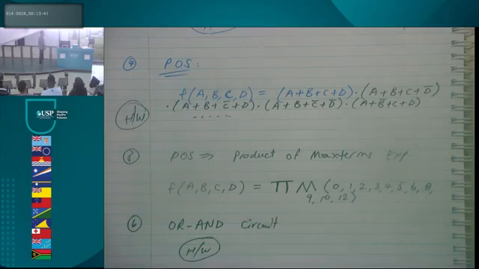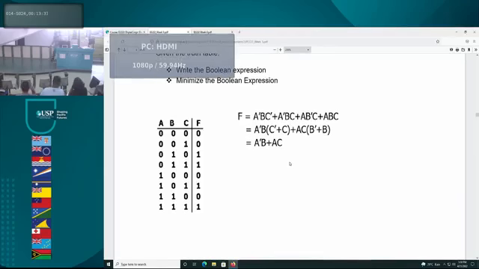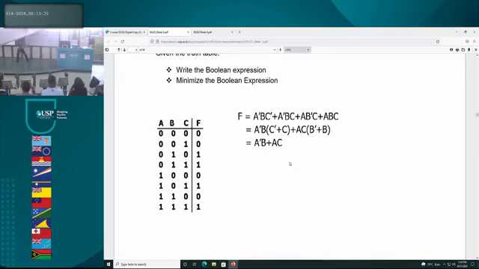All right? Okay. Now, but it's not minimized. So what I show you over here is, in this example, they've written the sum of products expression, and then they've attempted to minimize it using our Boolean algebra and so forth. So you start off with sum of products and you end up with Boolean.